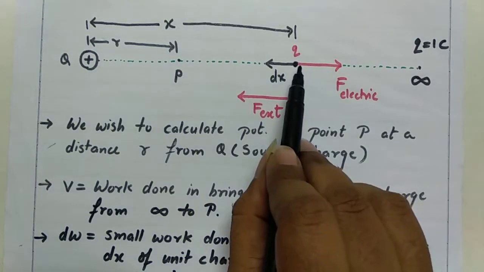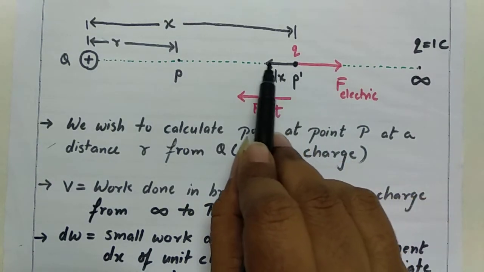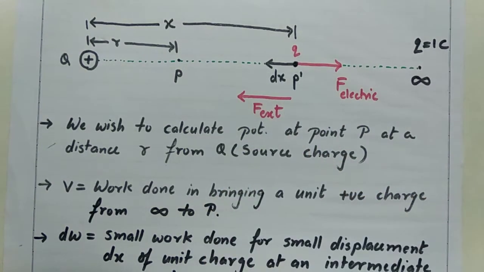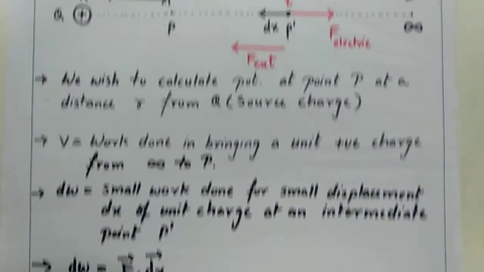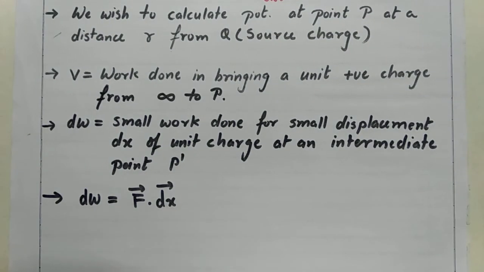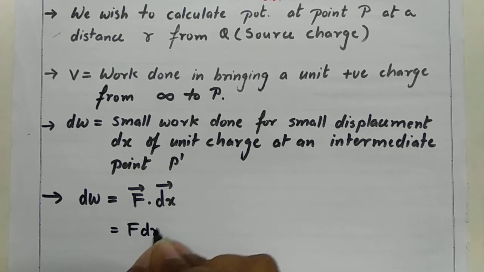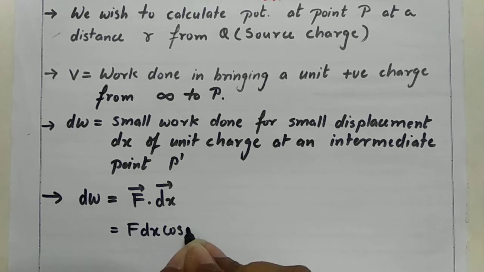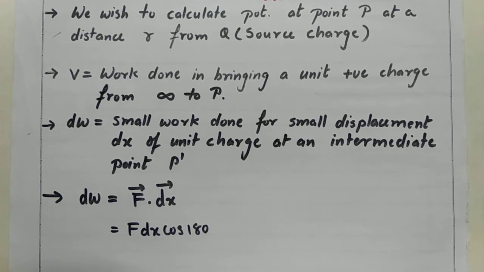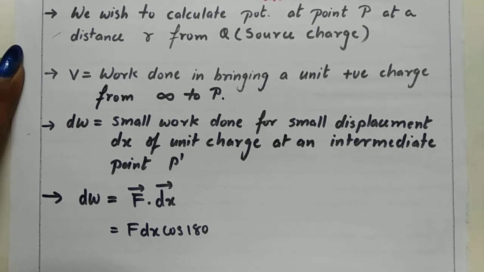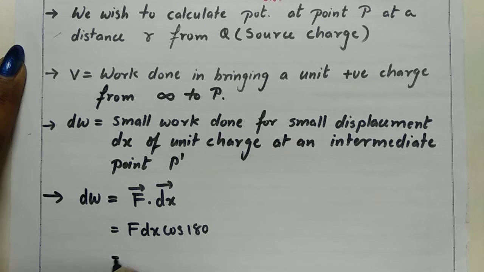What is the angle between the electric force and the displacement? It is 180. So I'll substitute that value over here. It will give me F dx cos 180, and cos 180 is minus 1. So this will give me minus F dx.